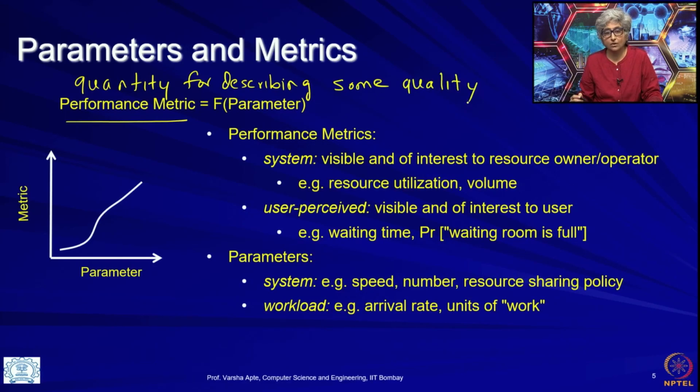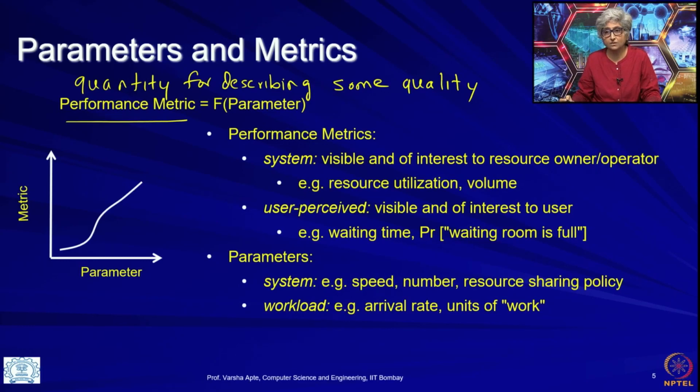For example, you might say that this person is very fast. That is just a qualitative attribute, right. What is the metric? Then you will have to say that this person runs 1 kilometer in, I do not know, 5 minutes or 3 minutes or something like that.